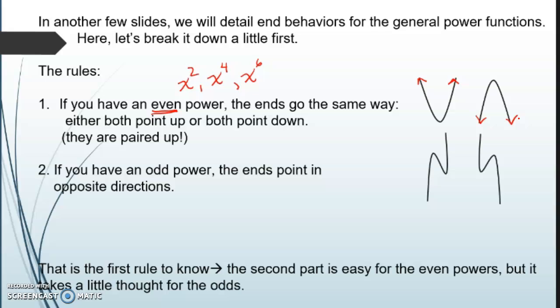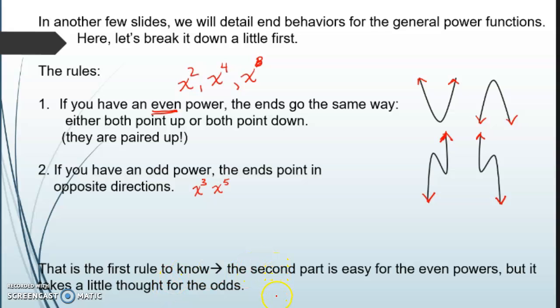If you have an odd power, the x cubed, the x to the 5th, they're going to point in opposite directions. One's going to be pointed up, and one's going to be pointed down. In both situations, an up and a down. That is the first rule to know.